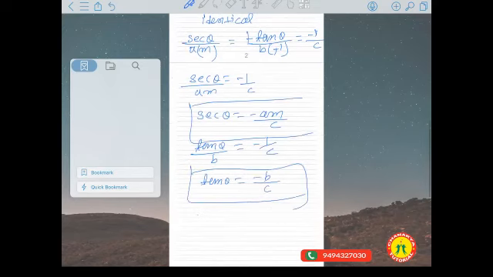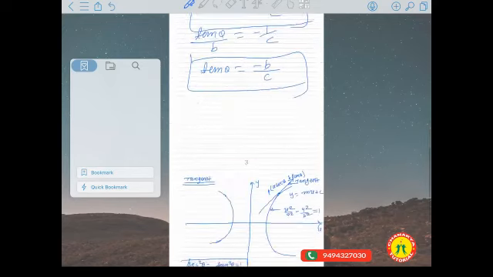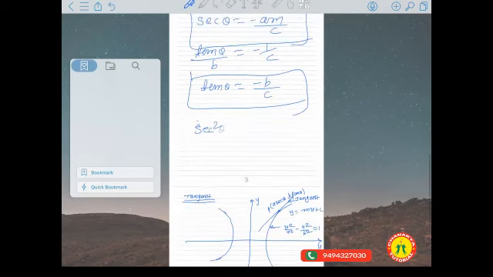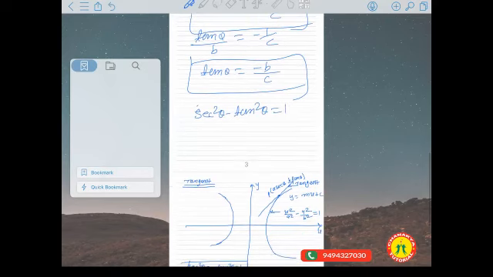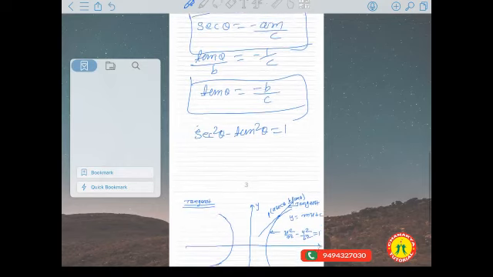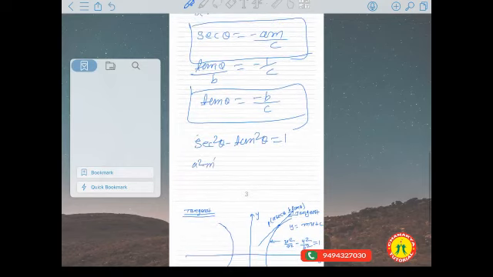If we know the tan theta and sec theta, we can apply the identity formula. Sec square theta minus tan square theta is equal to 1, right? So this will be the identity equation, we know now. So put a square m square by c square minus b square by c square is equal to 1.